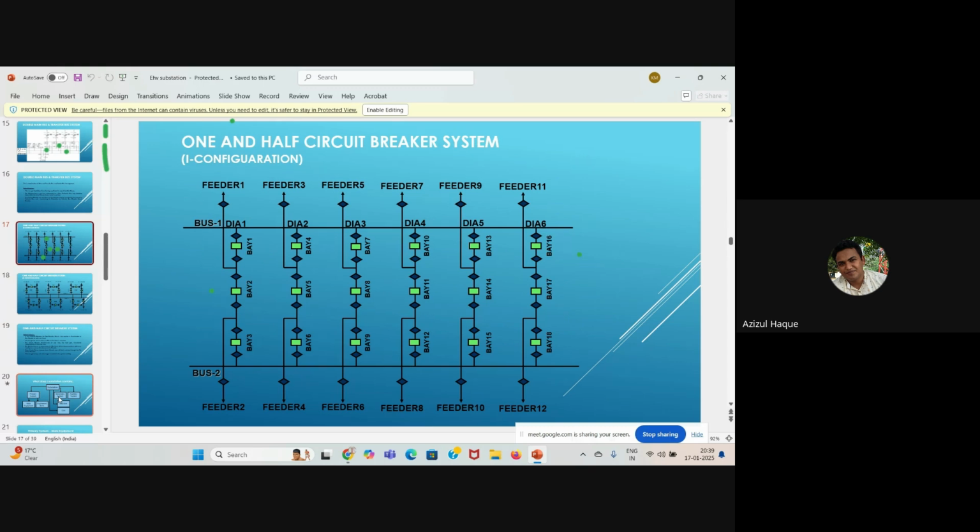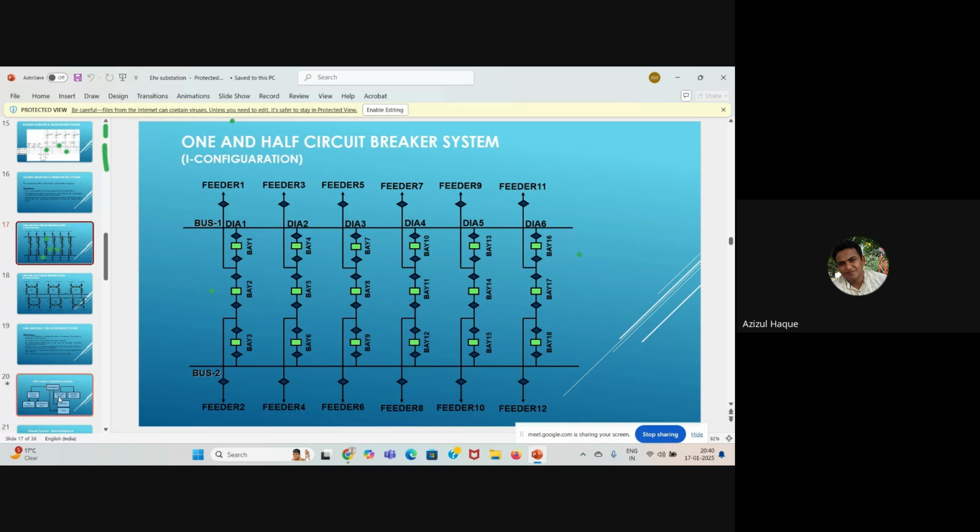Okay, we were here. So we have seen how the bus coupler breaker of the double main bus system is working here. That facility is included in this scheme. Now we'll see how the double main and transfer bus scheme facility is also included in this scheme.